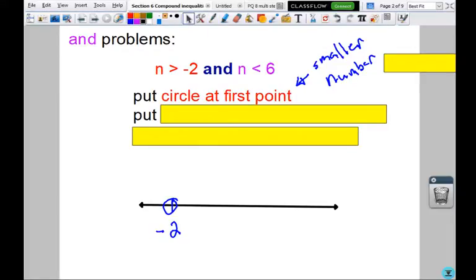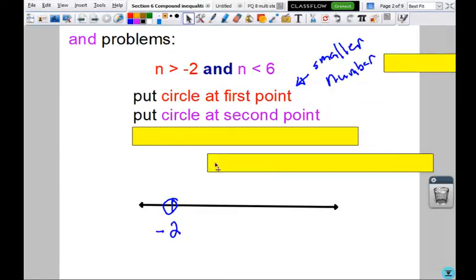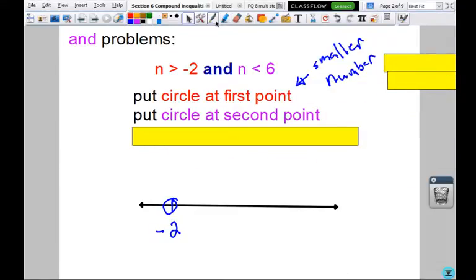After that, I'm going to put a circle at my second point. And when I say second, I mean the bigger number, which will be on the right side. My bigger number here is 6, so I'm going to go over here to the right, put a little dash, and write 6.